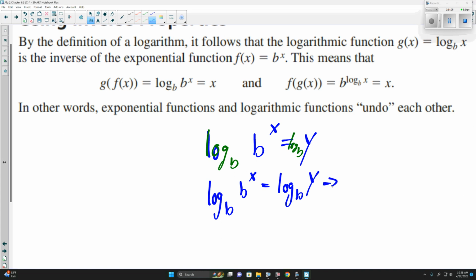Well, as we see up here, log base b of b to the x is equal to log base b of y. So this is one way we can convert from one to the other. We can use the trick that we have for converting the two, or this here. Either way works. Does this make sense?